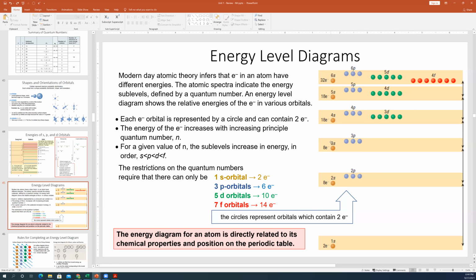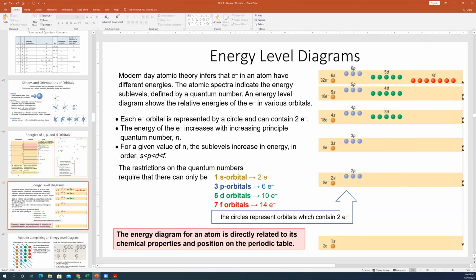The 3s has a lower energy level than the 3p and a lower energy level than the 3d. Same with the fourth: 4s, 4p, and 4d is up here, and then 4f is way up here. So you can see that there's an increase in energy levels.